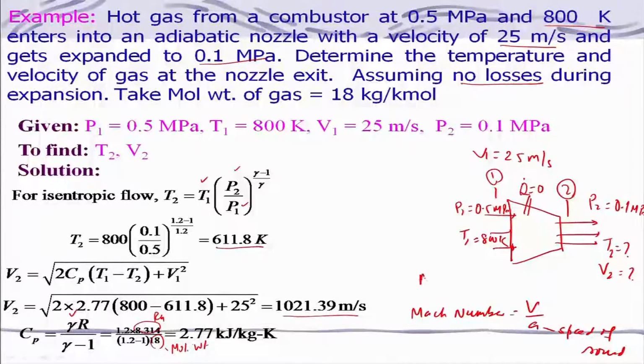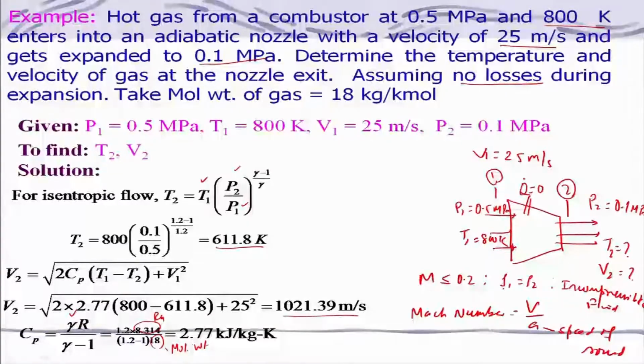That means when M is less than or equal to 0.2, I can say that rho 1 is equal to rho 2 because it is an incompressible fluid. But if it is more than that, it is a compressible fluid where you cannot assume that rho 1 is equal to rho 2.